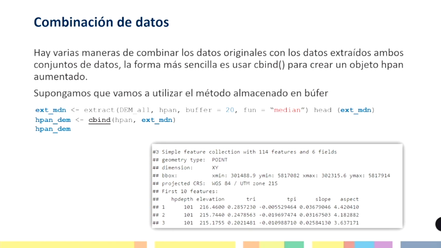So you are going to make a new data set that combines, on one hand, the data that you took by hand and the data that's been extracted by using the mean of the buffer.